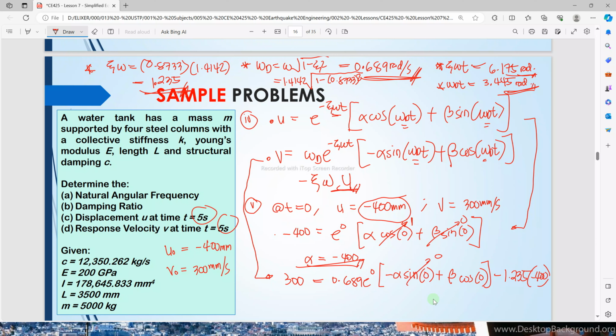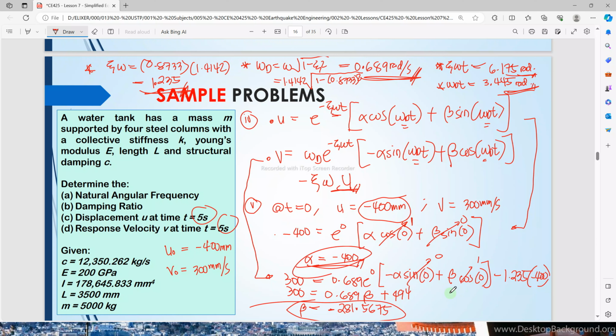So sine 0 is equal to 0, then this becomes 1. So we have 300 is equal to 0.689 beta minus, so this becomes plus, 1.235 times 400, because that is a negative of a negative. So we have here plus 494. So we can solve our beta, which is equal to negative 281.5675. Okay. So we have already our beta and alpha.